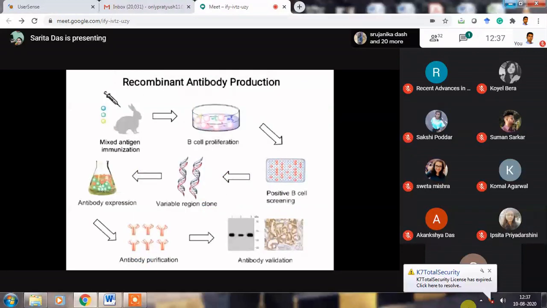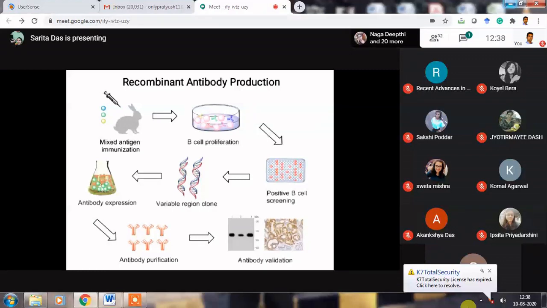Next, the recombinant antibody production. For this, we need to immunize certain lab animals with the antigen against which we want to raise the antibody. First, the antigen is administered to the lab animal, and then from its spleen the B cells are isolated, and the positive B cells expressing the specific antibodies can be screened.